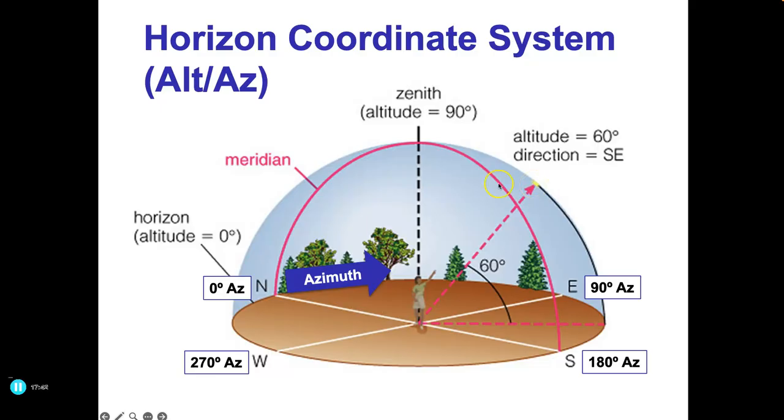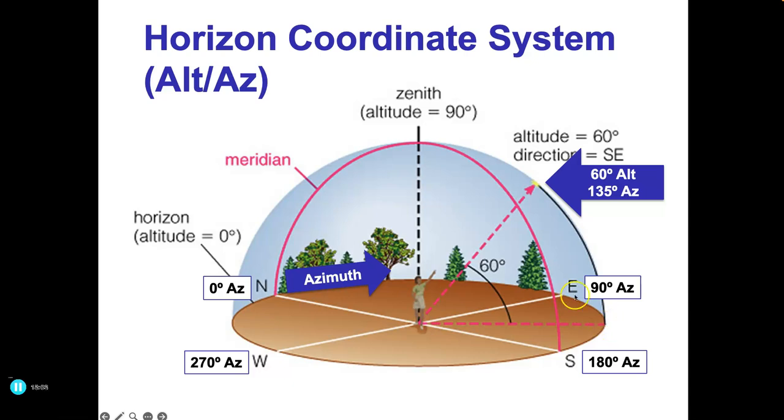So let's say, for example, you're looking at this star right here. There you are, you're standing right there, looking at that star. It is at 60 degrees altitude, and it's in the southeast. That star is above the southeastern horizon.